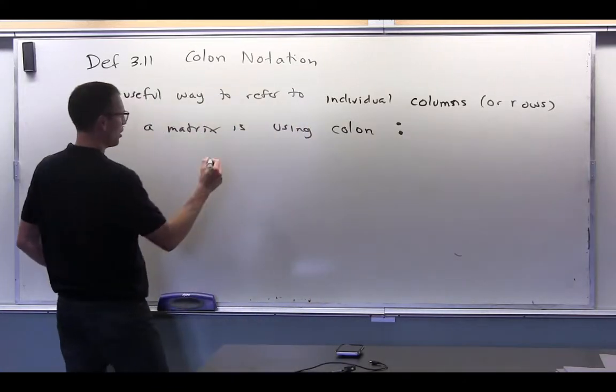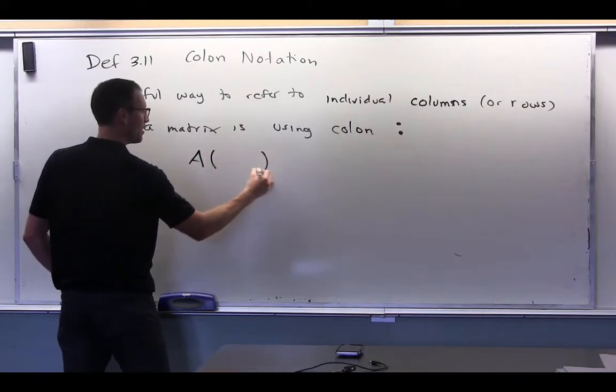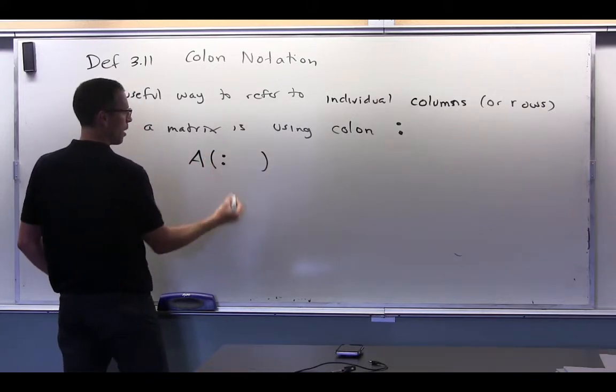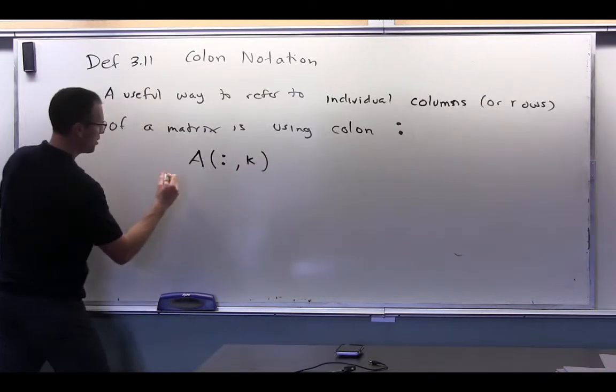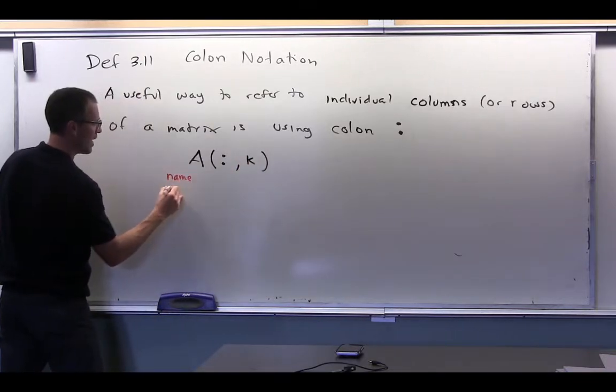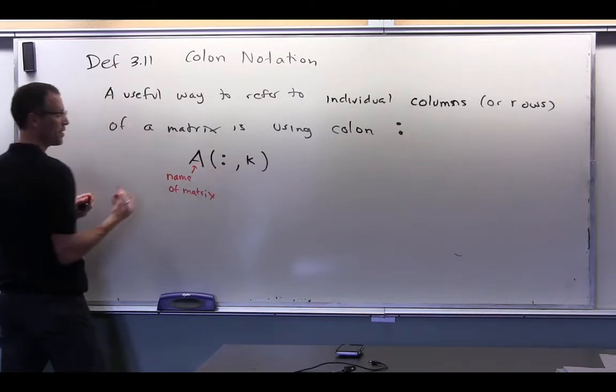And I had a really good question about this. So if I write A, parentheses, colon, and then K, this is going to be what we call the name of the matrix. What's the matrix name in this case?